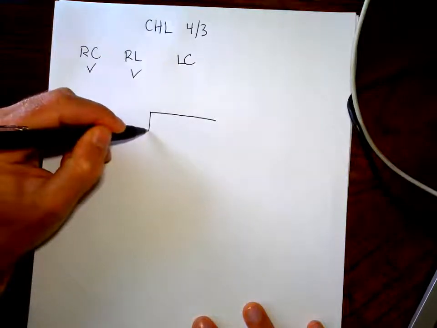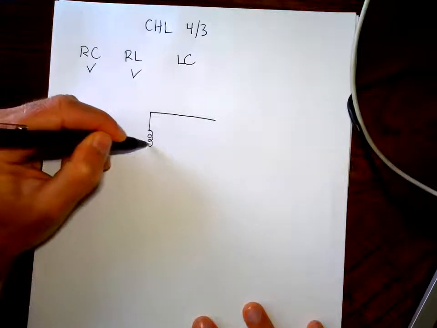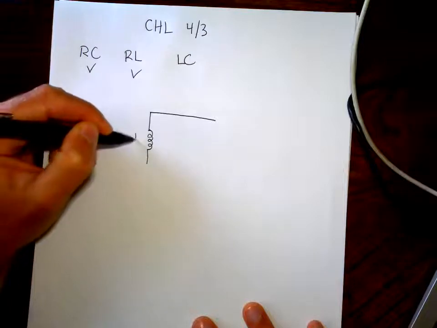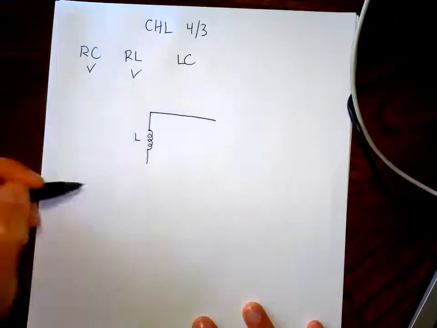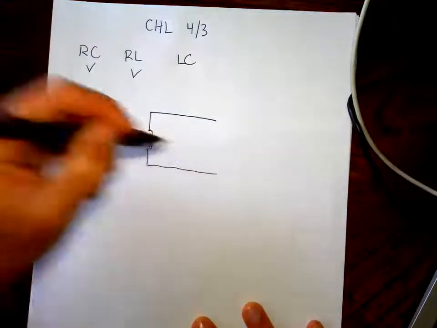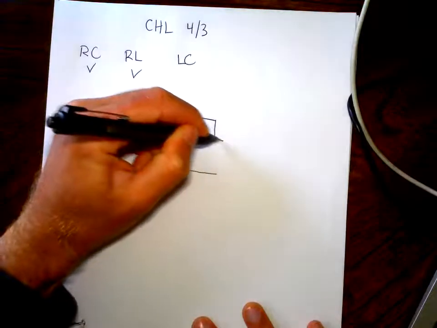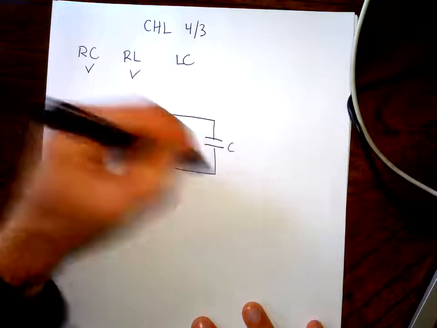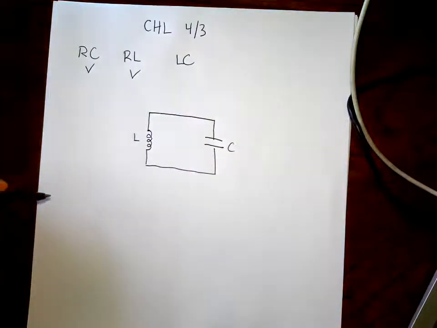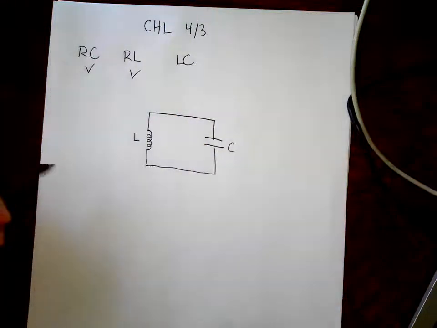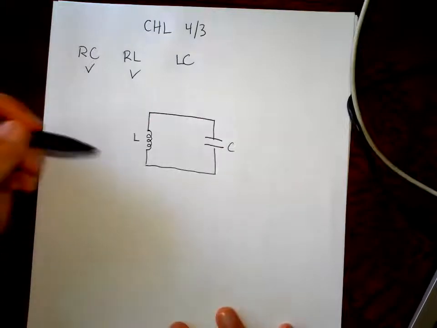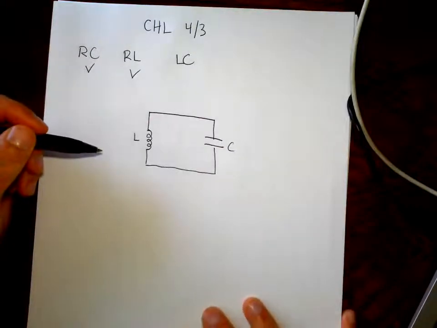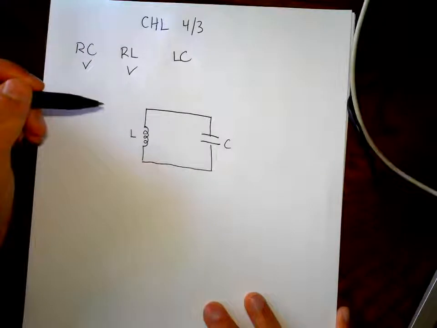You've got an inductor, which has an inductance L, and you have a capacitor, which has a capacitance C. So we're going to go ahead and solve this circuit.